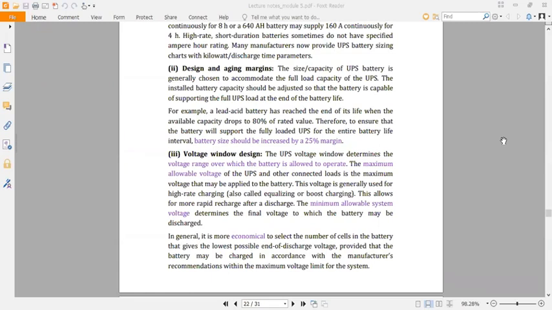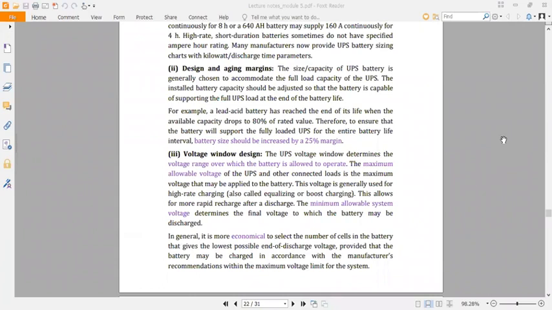Third point is voltage window design. What is the meaning of this word? Voltage window. That means there is a window of the voltage rating.